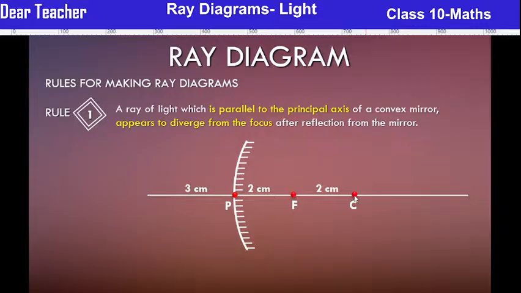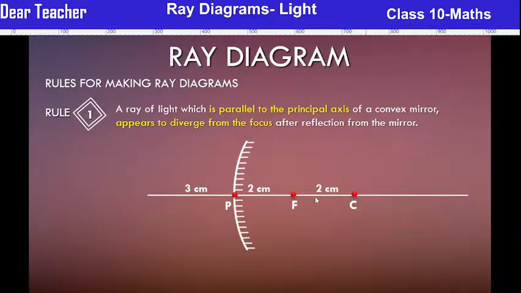So with the compass you should fix the radius, 4 centimeters. From C you take 4 centimeters radius and draw a curve like this. And mark a point in the middle, F, 2 centimeters radius.